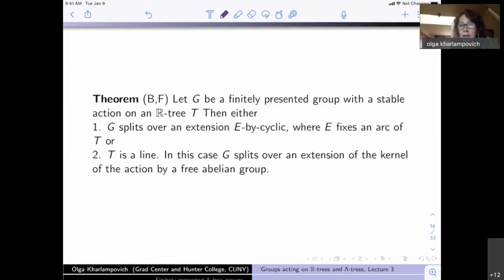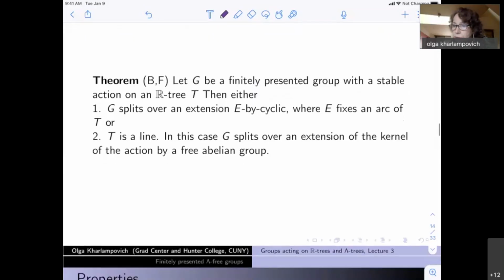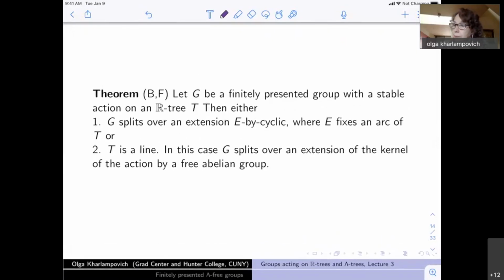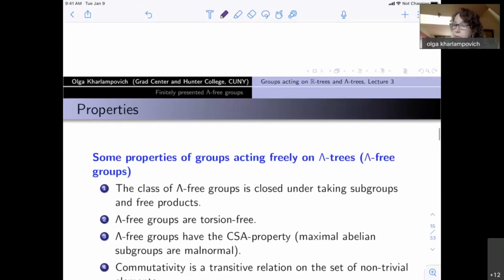Or T is a line. In this case, G splits over an extension of the kernel of the action by a free abelian group. So basically it is a fundamental group of a graph of groups with free abelian edge groups, something like this. Right, so this is stable actions.